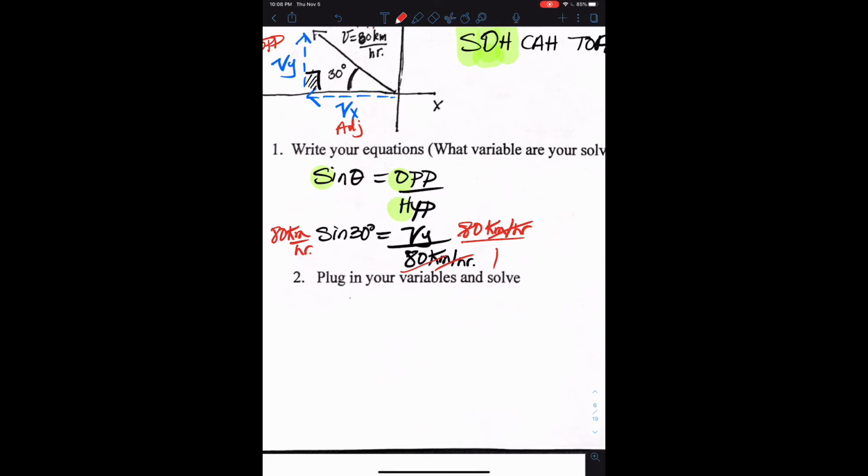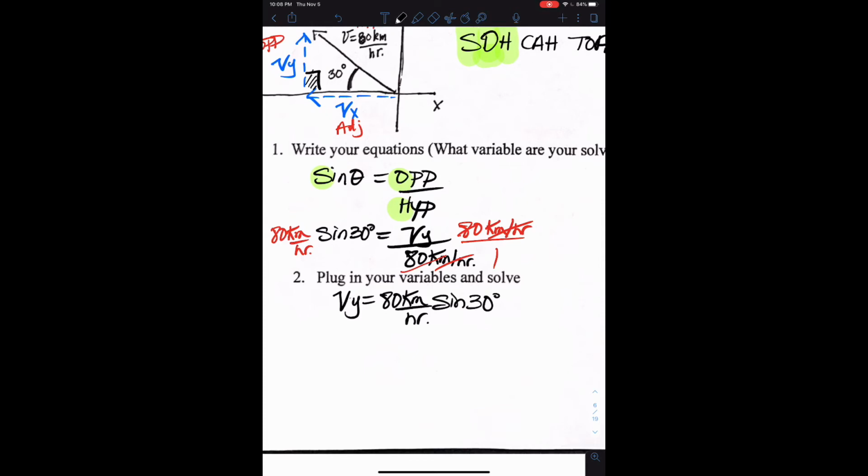And we're left with Vy is equal to 80 kilometers per hour times the sine of 30. Now, sine of 30 is one of the special angles. It's similar to cosine of 60. Sine 30 is actually equal to 1/2.